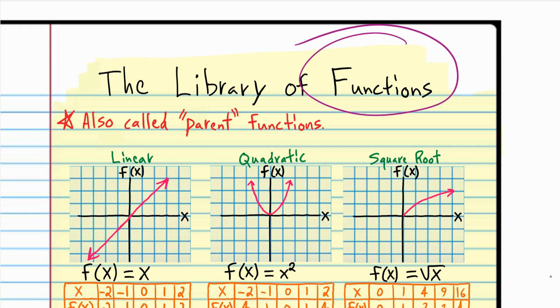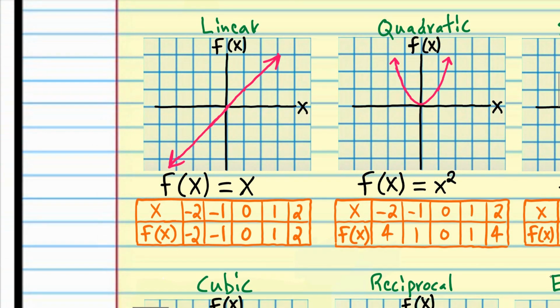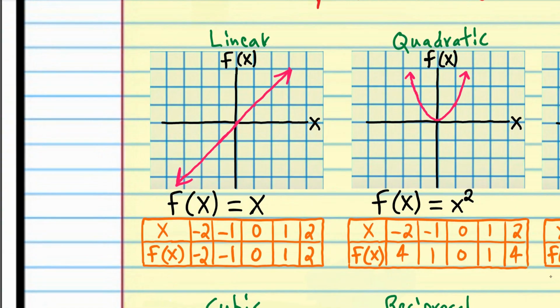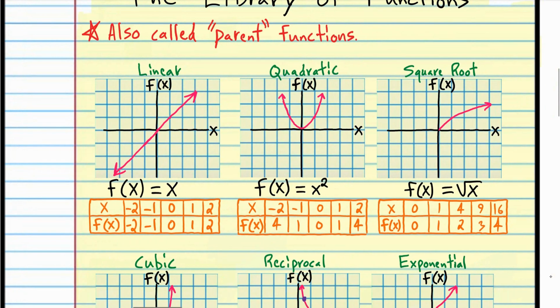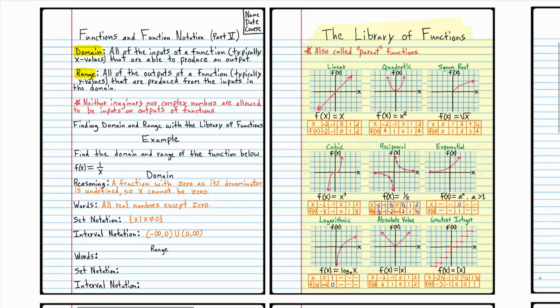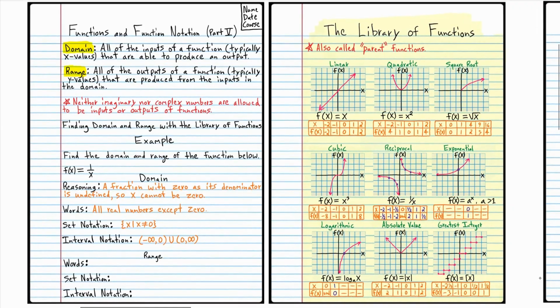The library of functions is exactly the same as the library of relations. The only difference is instead of y, we have f of x. Notice all these f of x expressions there. Get a picture of the library of functions. You'll need that as we work along today.